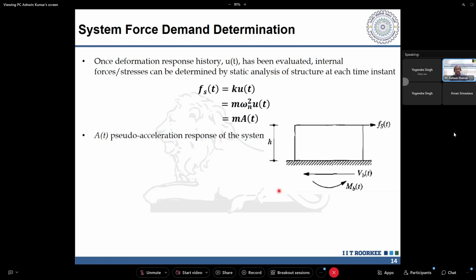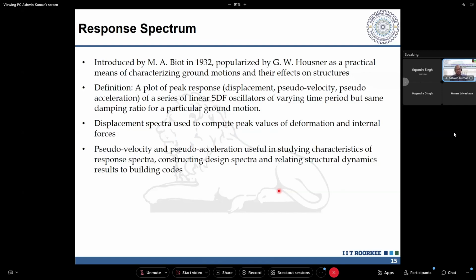So if I have the peak acceleration, I can find out the base shear, that is mass into acceleration. If I have the peak velocity, I can find out the strain energy. If I have the peak displacement, I can use it to design my non-structural components, as well as find out the maximum deformation and the effect on the overall structural performance. So it has different uses.